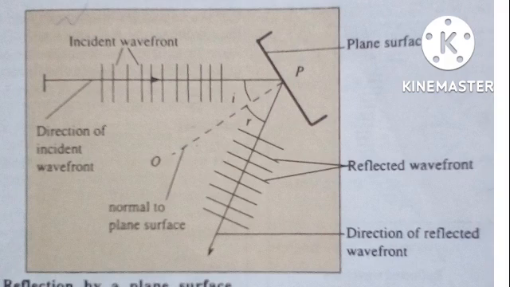When you draw a normal to the surface from that point of contact of the incident wave front, you get a line which is called the normal to the plane, and the angle between this line and the incident wave front is the angle of incidence, and the angle between this line and the reflected wave front is the angle of reflection. Now these are the basic things you need to understand before you talk about reflection of waves. And in reflection of waves, there are some things we need to know.